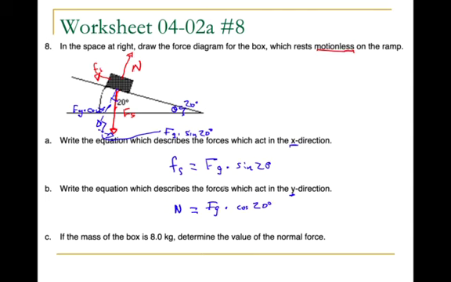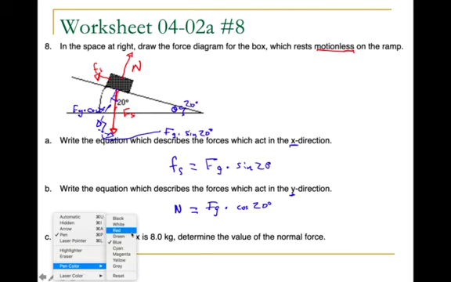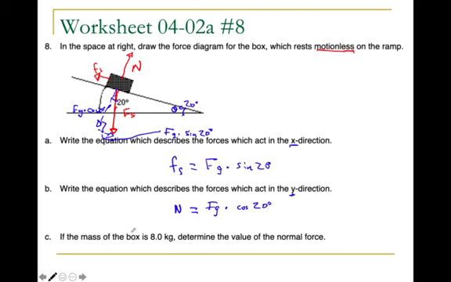Oh, and now they give us numbers. And so now if the mass of the box is 8 kilograms, how do we figure out all the rest of this? Well, if it's 8 kilograms, that means our force of gravity, taking that times 9.81 newtons per kilogram, this is equal to 78.5 newtons.